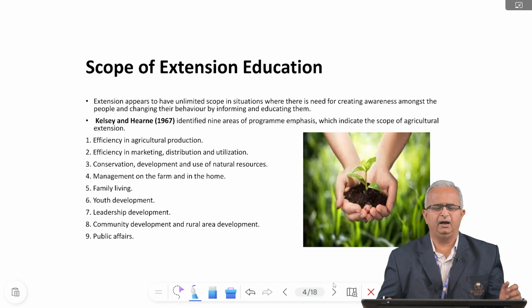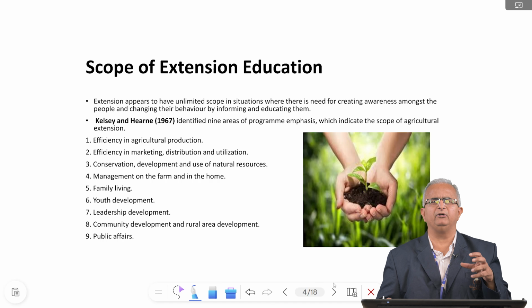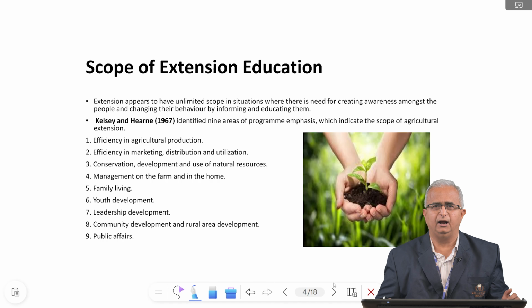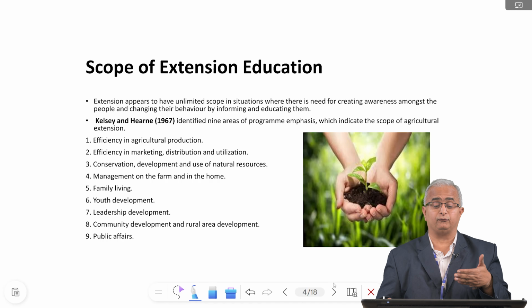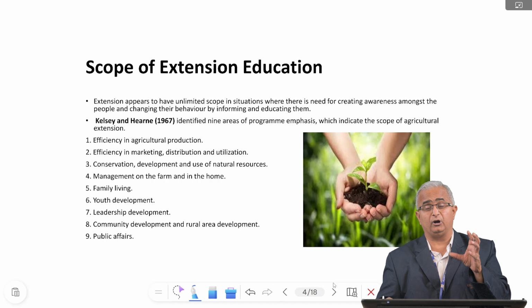Here, we covered everything regarding the farmers, what they do. They produce things, that's why agriculture production, and we want to bring about efficiency in those production activities, efficiency in marketing activities, efficiency in distributional activities, and utilization of those things.